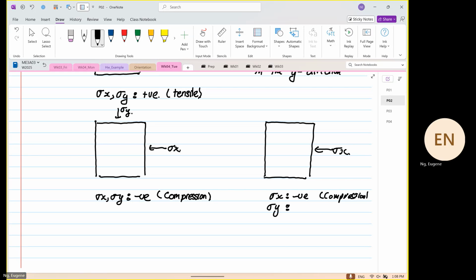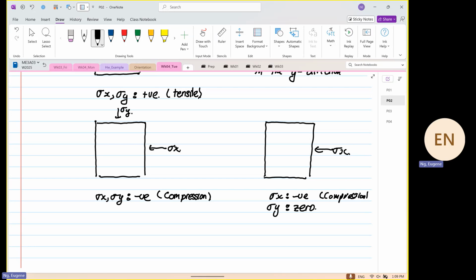Anyone? Zero. It means it's not under stress. Because we are engineers, it's equal to 0. If you ask a lawyer, you say, how much are you willing to pay? So stress Y over there is equal to 0.